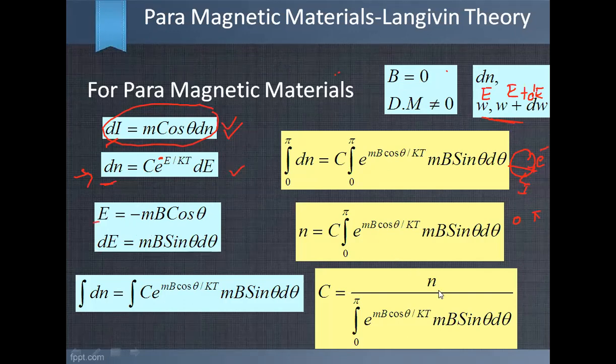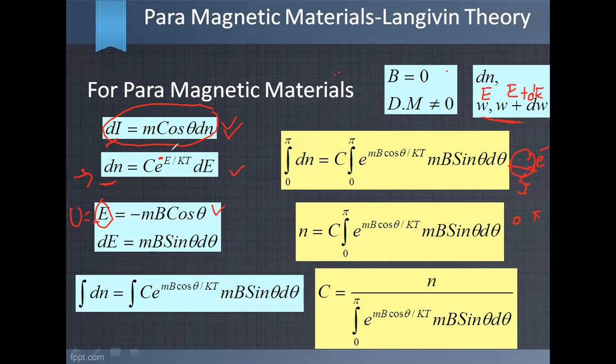I'm assuming E is equal to minus mB cos theta. This is the magnetic energy, which you can also write as U, it doesn't matter, and we already studied it in intermediate. These three equations you have to remember.